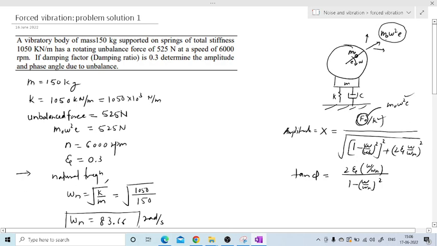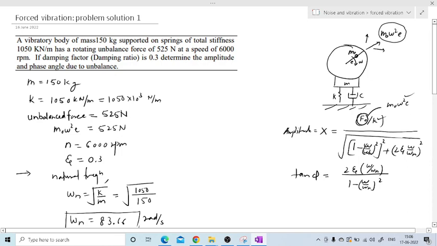That is m0 omega square E, so I have directly taken m0 omega square E as the unbalanced force. Then the remaining terms: F0 by K divided by root of [1 minus omega by omega n square] bracket square plus [2 zeta omega by omega n] square.